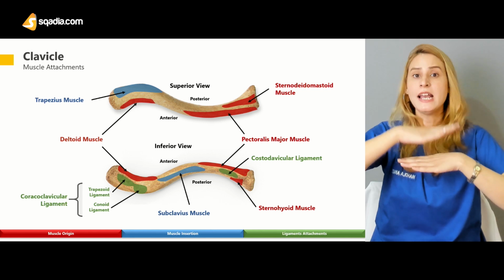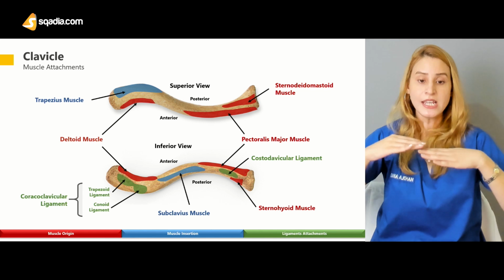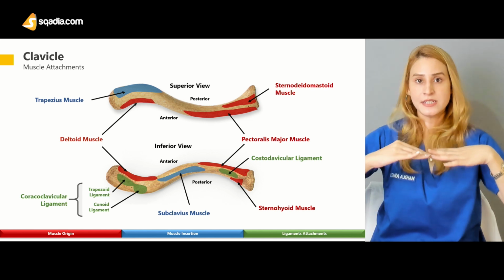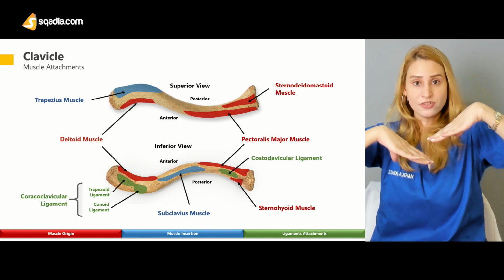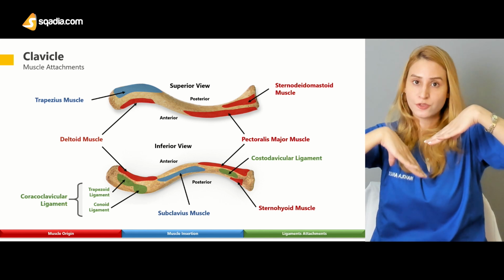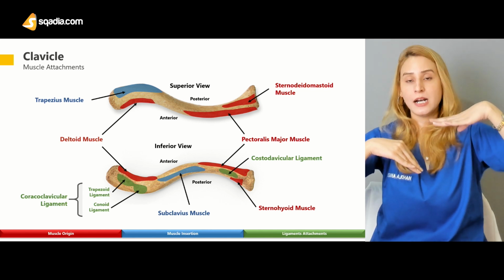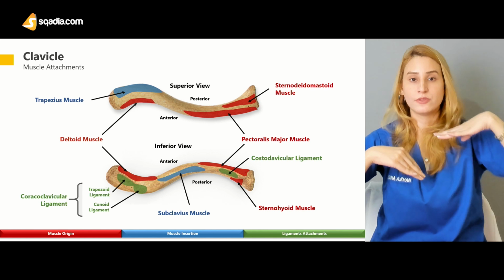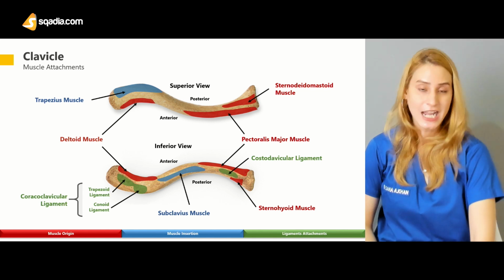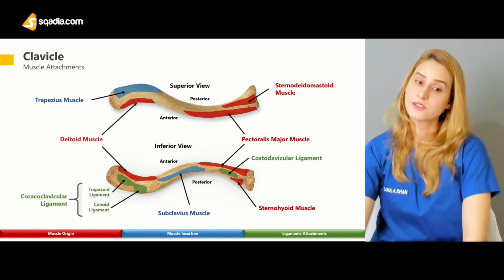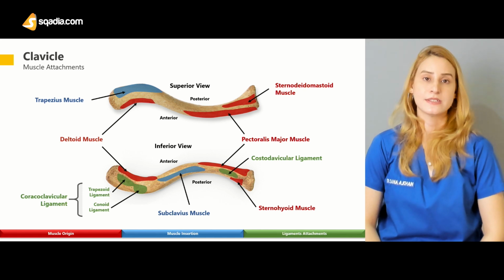At the medial end, the sternocleidomastoid muscle is attaching, and when there's a break in the continuity of the clavicle, it would be like this, right? The lateral end would droop inward, and the medial end would be pulled upward by the sternocleidomastoid, and the deltoid will push the lateral end downward. So that's because of the attachment of the muscles. So remember the important muscular and ligamentous attachments to the clavicle.